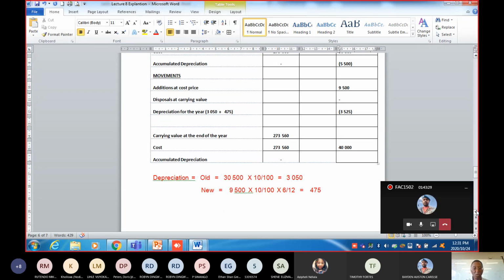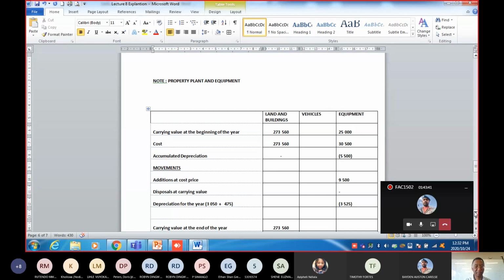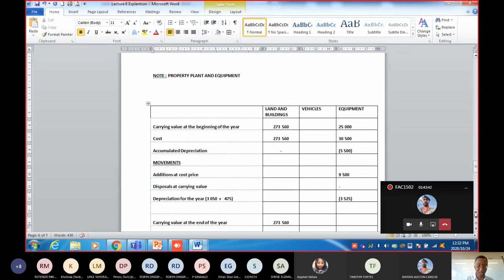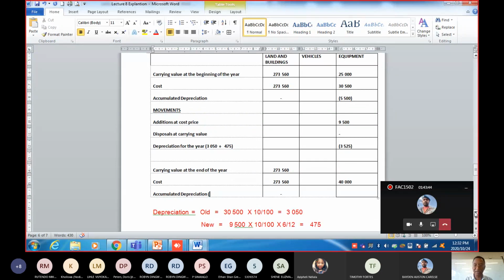So if you want to know what is the value of accumulated depreciation at the end of the year, we started off with accumulated depreciation of 5,500. We have provided for a further 3,525 rand of depreciation.